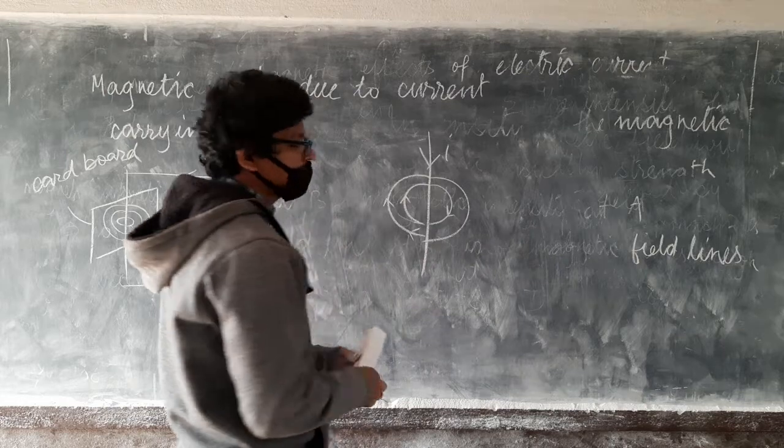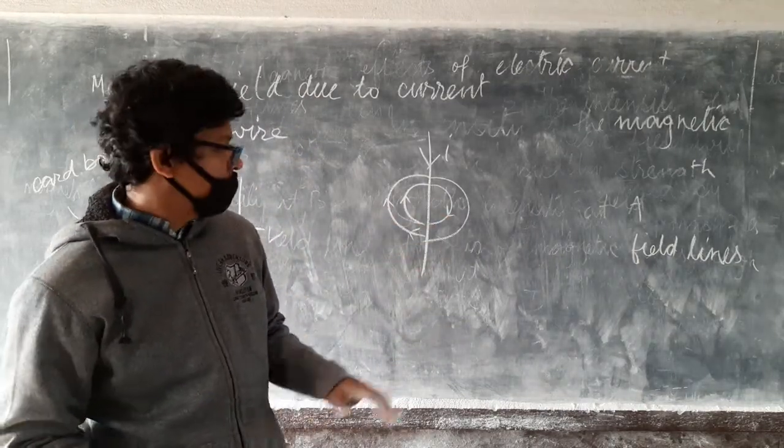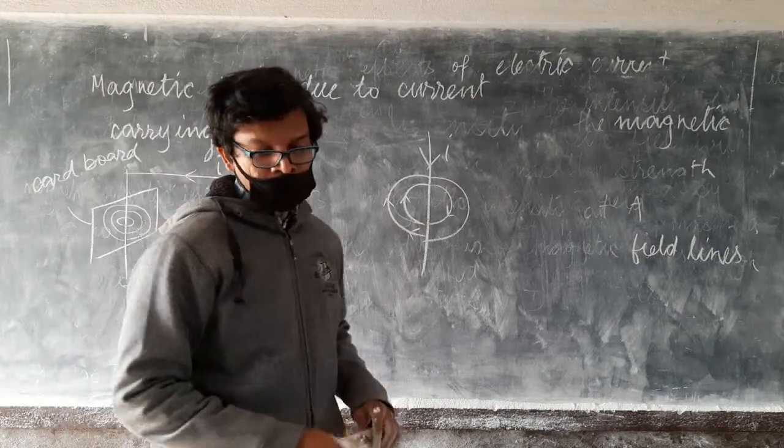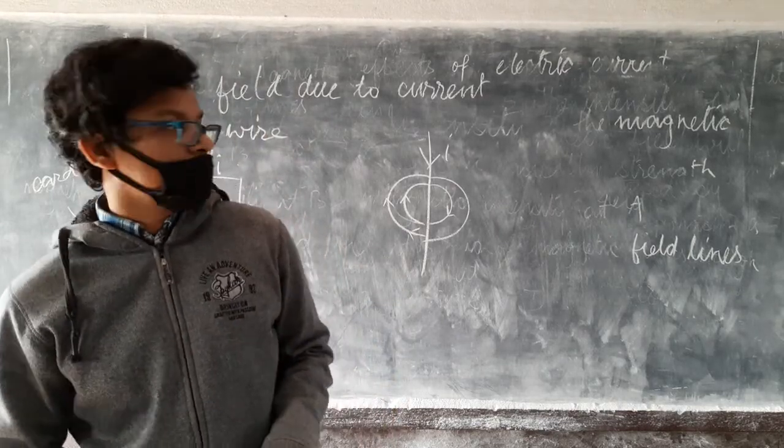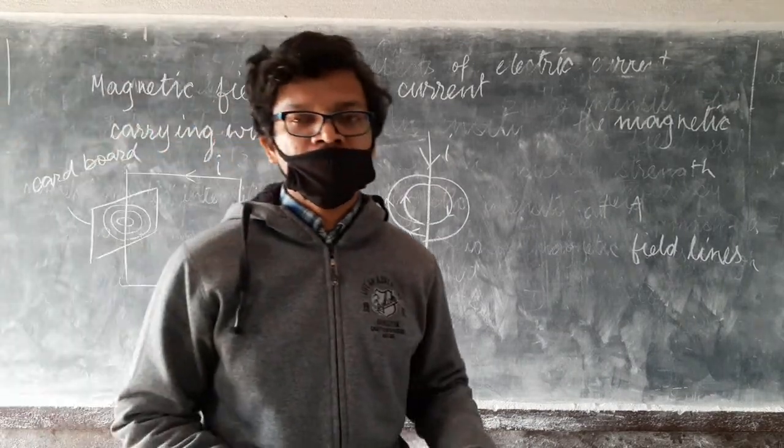So this is the direction of the magnetic field lines. Now, how to find the direction of magnetic field line near a current carrying wire?